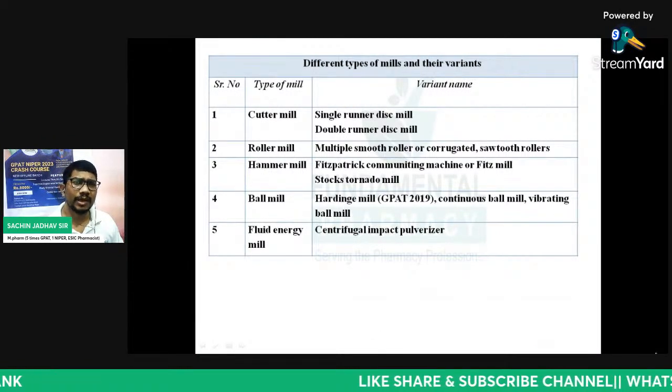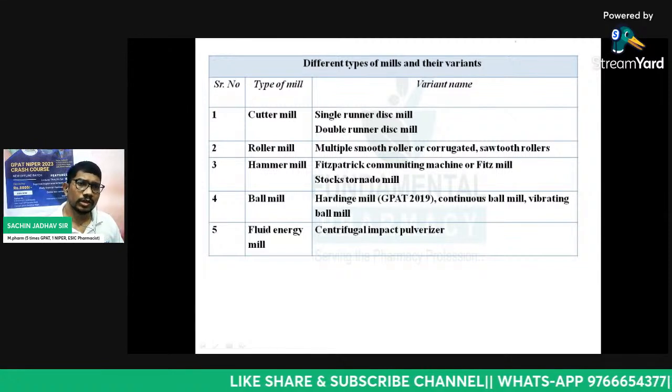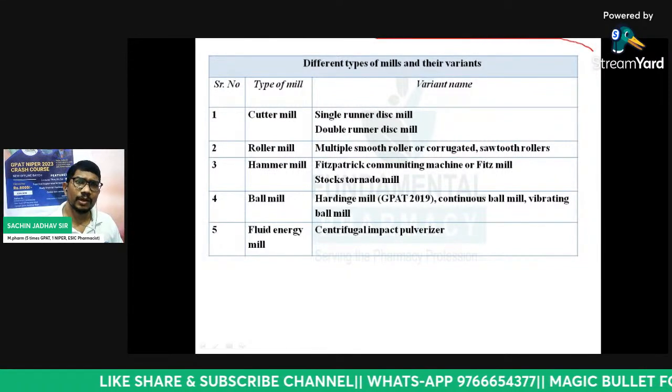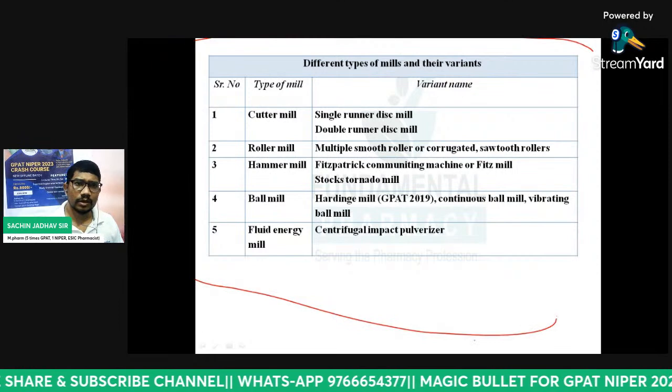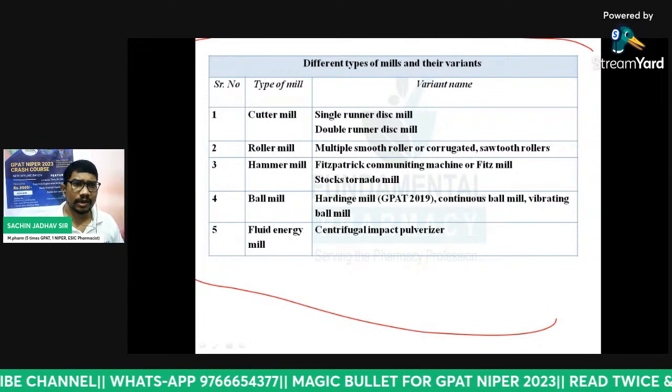Now next one is nothing but different types of mills and their variants. So this part is very important, different types of mills and their variants, okay?